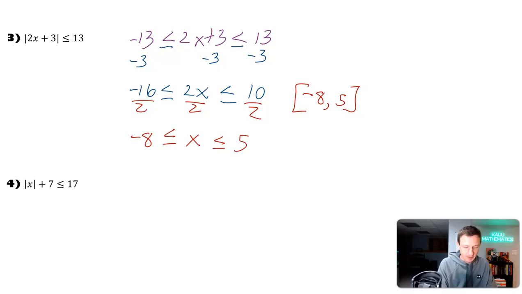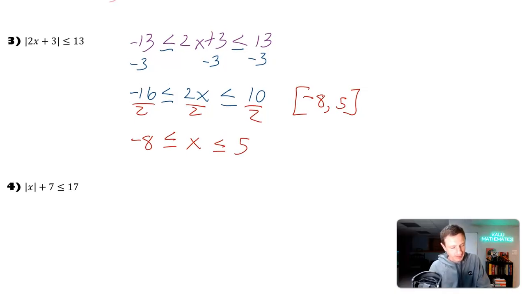And we could be graphing these also, but I'm just trying to save time where I can, so these videos don't get too out of hand, especially if it's content that we've looked at before. So if I want to be between negative 8 and 5, I'd have negative 8 and 5, and we can put brackets and then just highlight between. So our solution would be between negative 8 and 5.